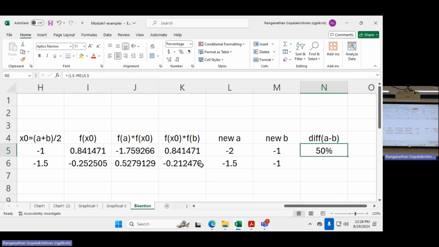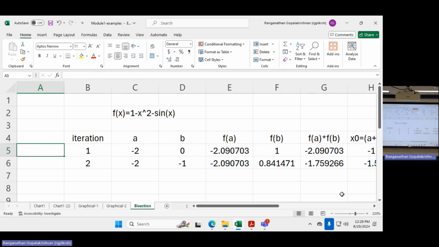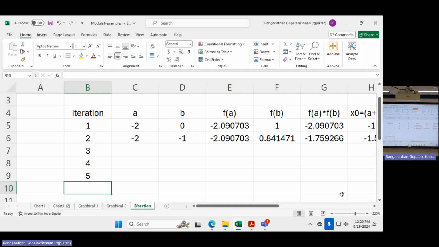Not ready to meet my criterion of 1%. The next iteration, 33%. Still too large. Can you do 4 more iterations if you have gotten up to here? If you have 2 iterations locked in, can you do 3, 4, 5 and 6?